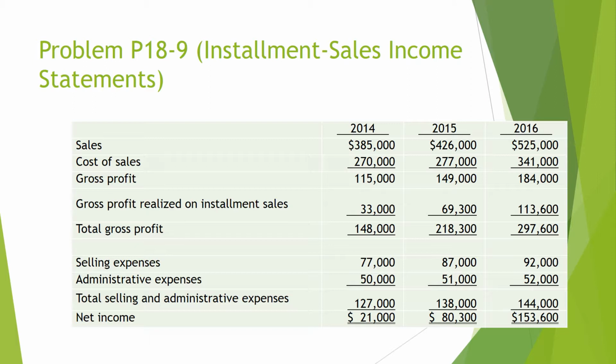Next was the problem. P means problem, of course. Problem 18-9, installment sales income statement, where you can put all the numbers into the specific placement, and then we will do the calculations.